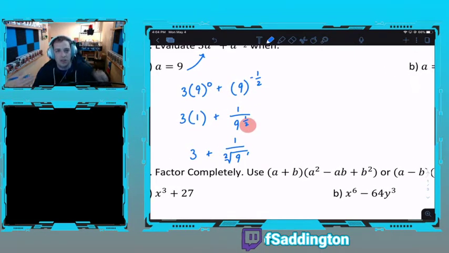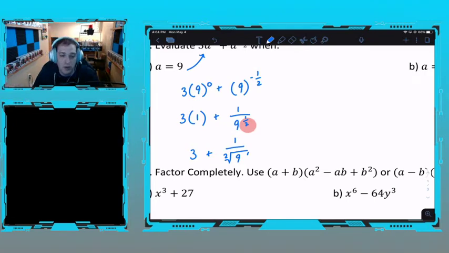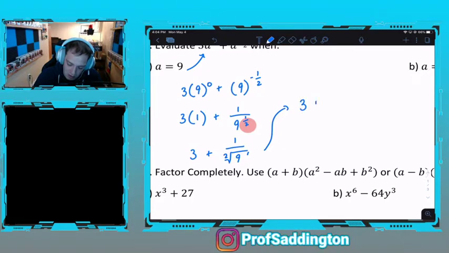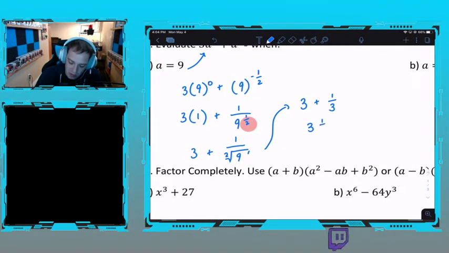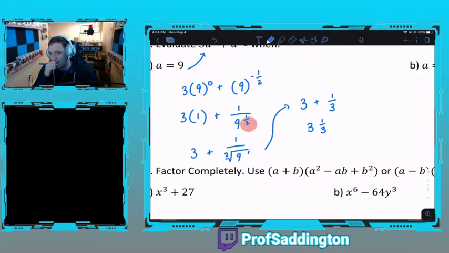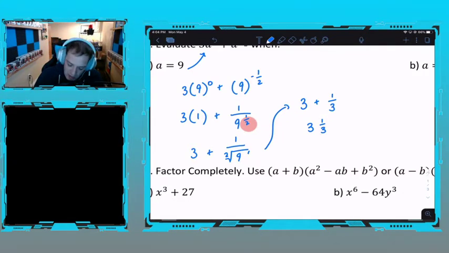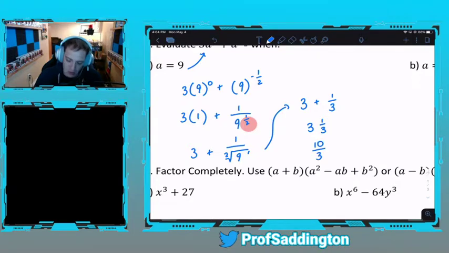Now this is just a simple square root: the square root of 9 to the first power. Well, the square root of 9 is just 3, and 3 to the first power is 3. So this is really just 3 plus 1/3, which we can say is 3 1/3. Or if you did this in your calculator, it would come out to be 10 over 3.